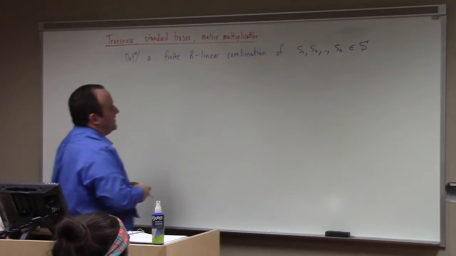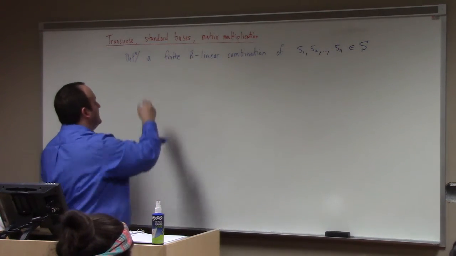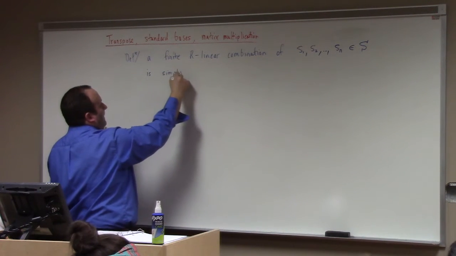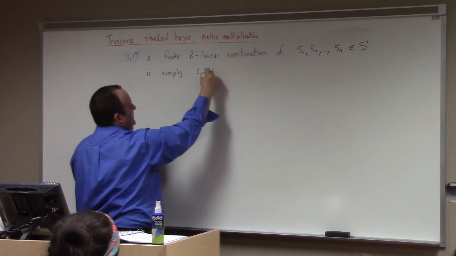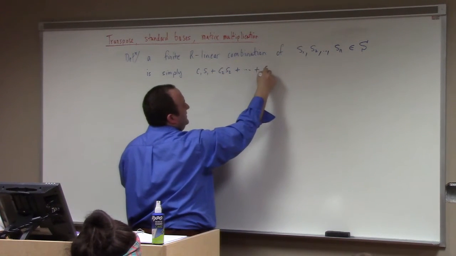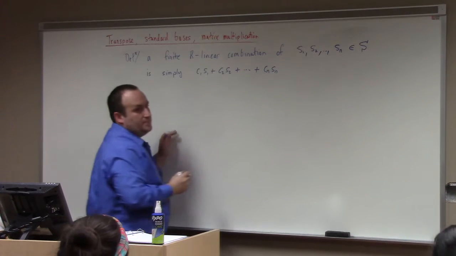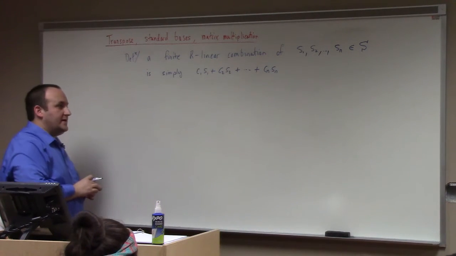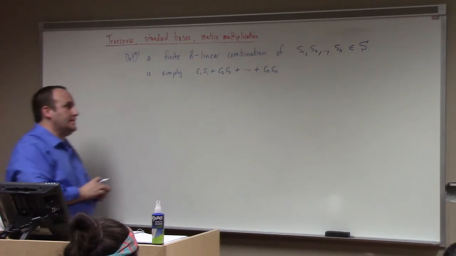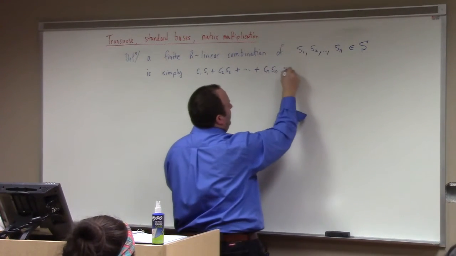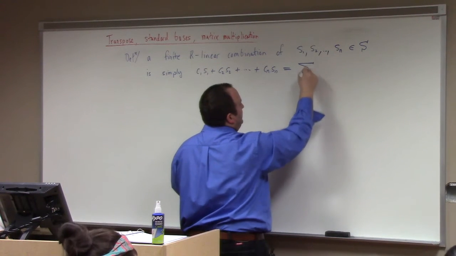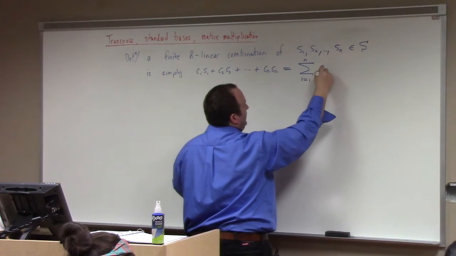A finite R-linear combination of S1 through Sn is simply C1 S1 plus C2 S2 plus ... plus Cn Sn. I can write that more concisely as the sum i equals 1 to n of C sub i, S sub i.